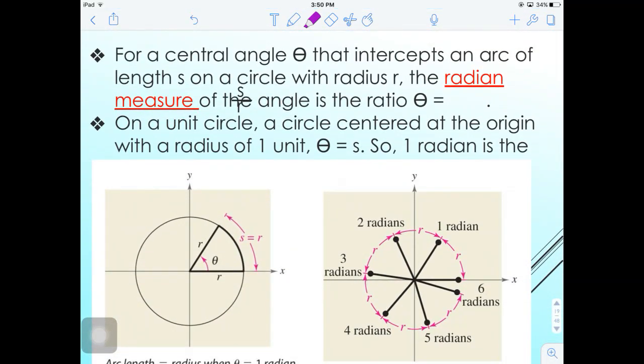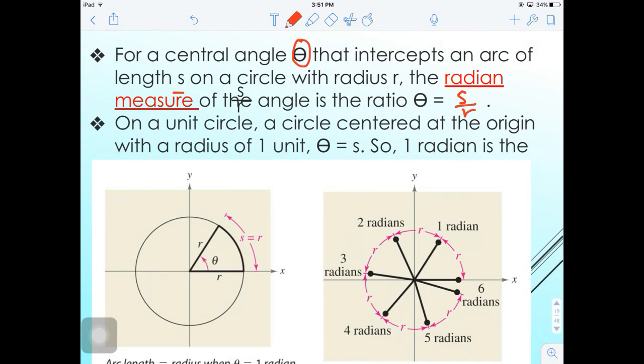First, for a central angle theta, remember theta is the symbol that we use to represent an angle that intercepts an arc of length s in a circle with radius r. The radian measure of the angle is given by the ratio s over r.